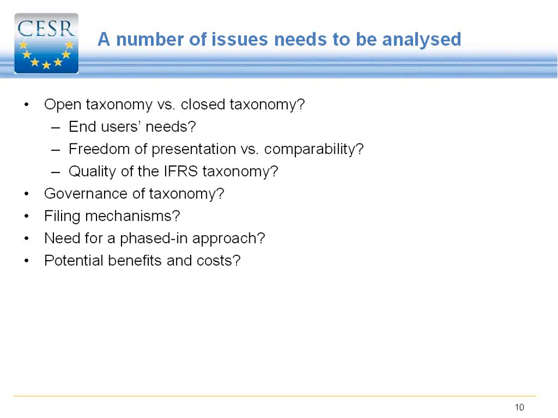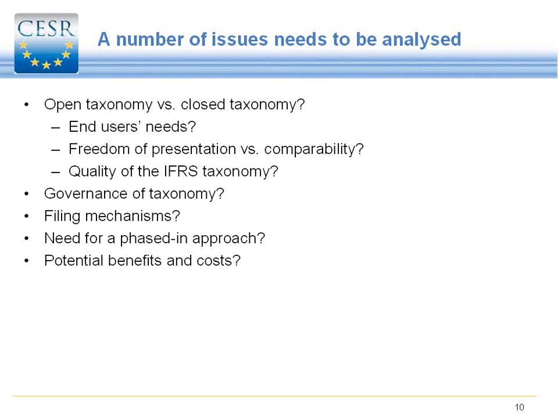What we are currently analyzing in the course of our work: the scope is for listed issuers, but we are analyzing different ways to implement the possible requirement. We are considering whether we should use an open taxonomy like the SEC does.